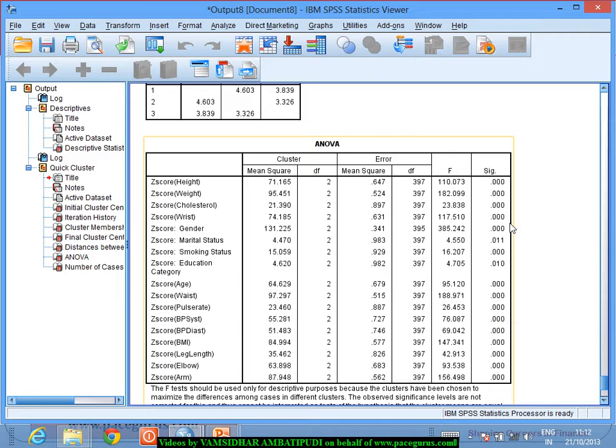So here I could see those 3-4 variables, or even waist size, provide a very good separation between the clusters. The arm provides a decent separation. The BMI provides a decent separation between the clusters, whereas things like cholesterol and pulse rate are not providing that great separation between the clusters.